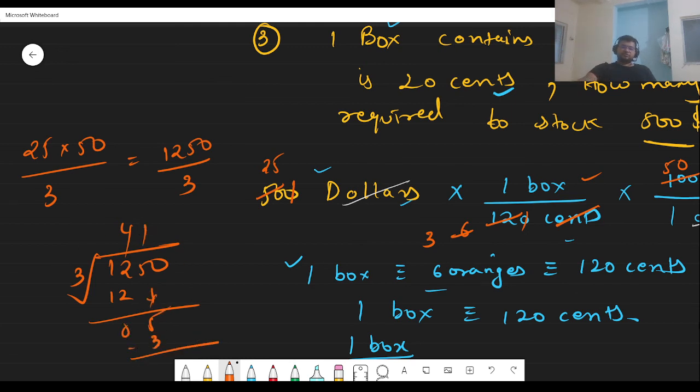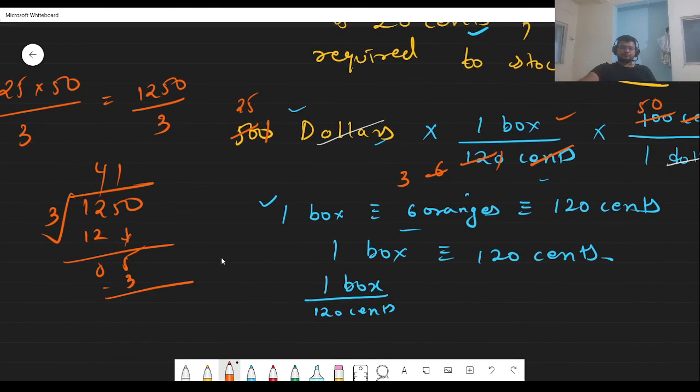Then I get 2 here, carry it down, 18, then 2, 0, then again 6. So it is recurring, and I can write 416.7.